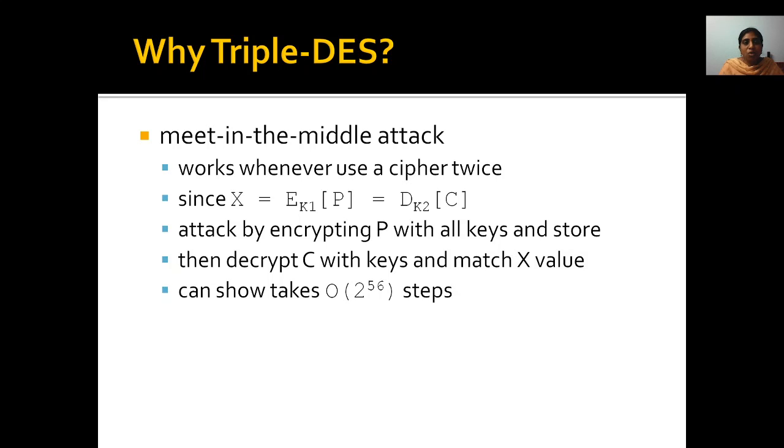So for that reason they have gone to triple DES. Here X is equal to the encryption of the plain text with key 1, and the decryption of the ciphertext with key 2. The attack is by encrypting P with all keys and storing the results, then decrypting C with all keys and matching the X value, which can be found in 2 power 56 steps.